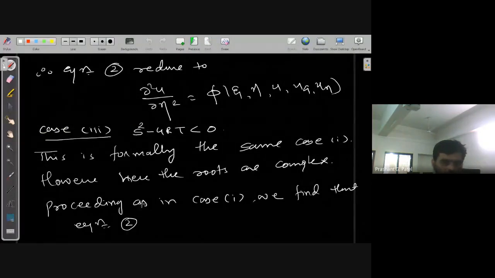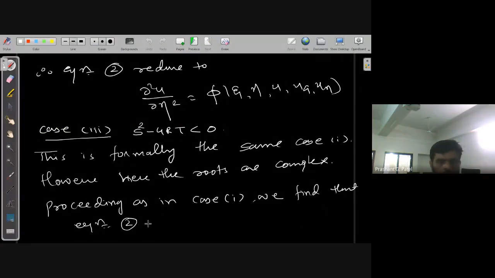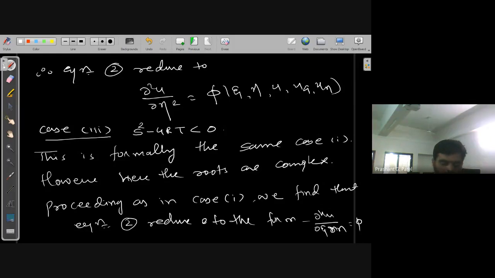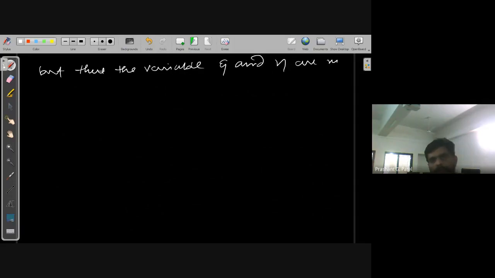Proceeding, we find from equation 2 that it reduces to the form del square u by del xi del eta equal to some function phi. But the variables xi and eta are not real.